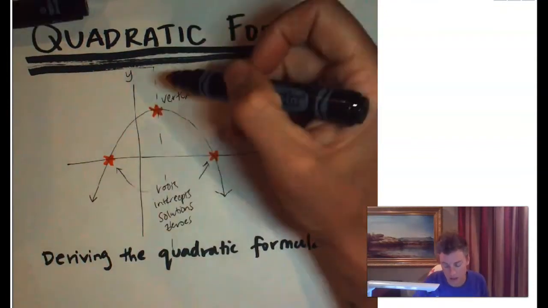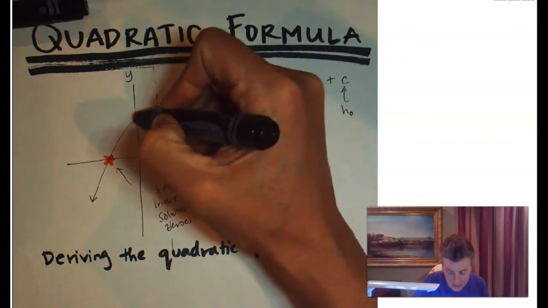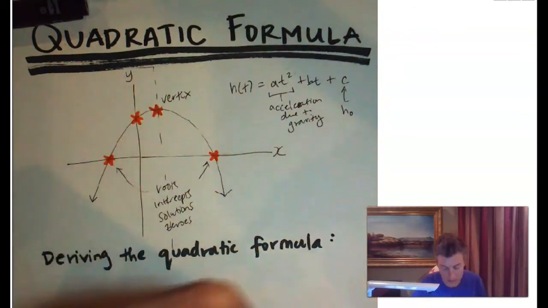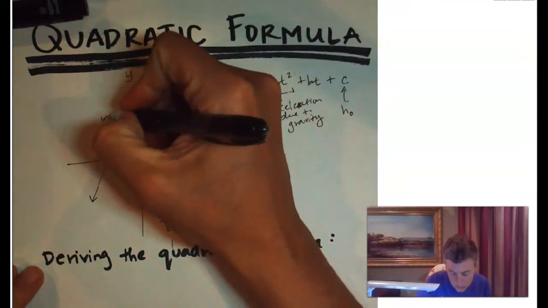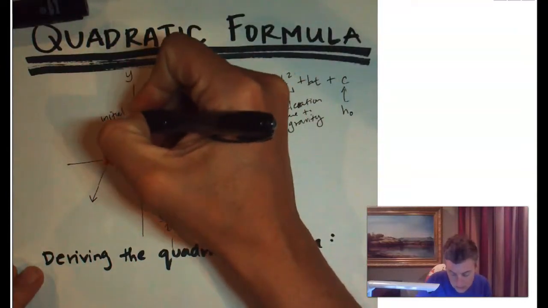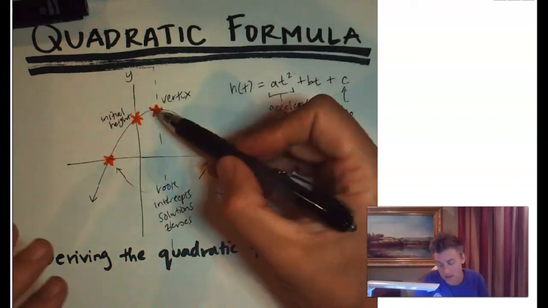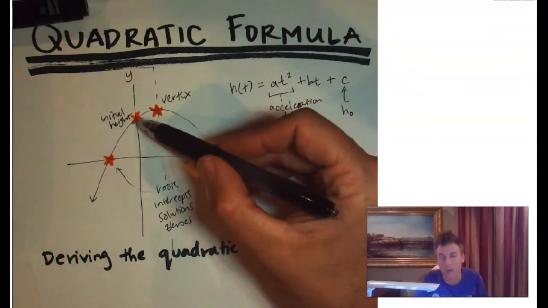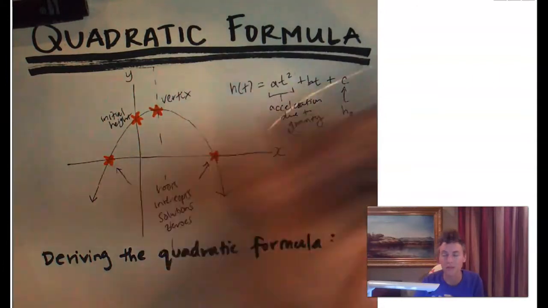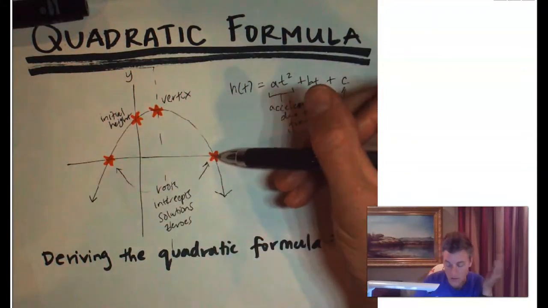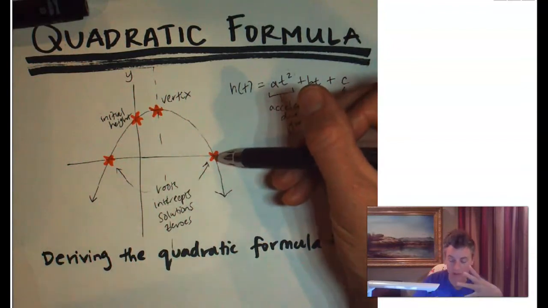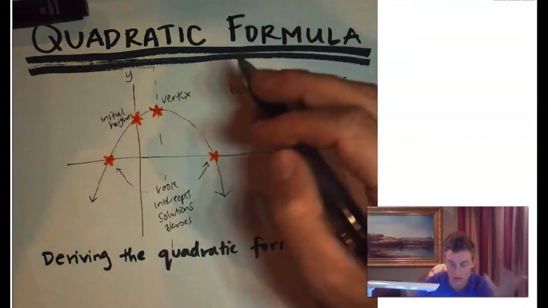It's not really just the vertex, it's the vertex and the initial height. Where are we starting? So if I know the vertex, how tall it gets, and where we started from, which are reasonable things to know together, then you could know when it's going to hit the ground. These are both height related situations.